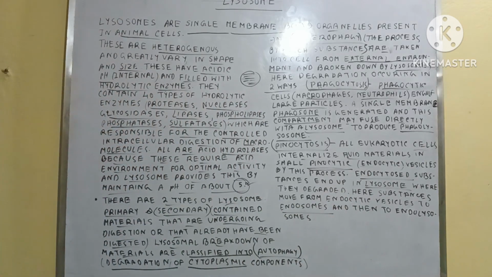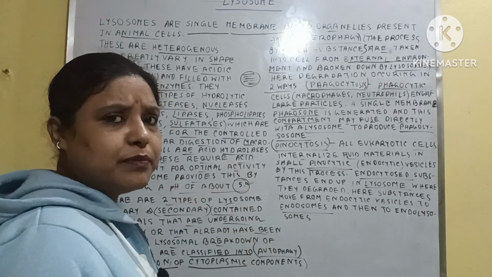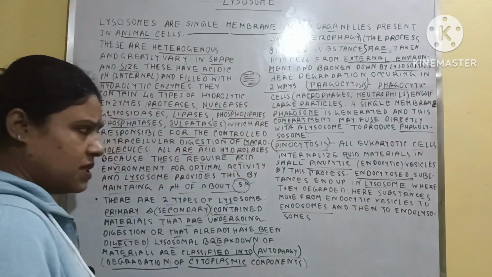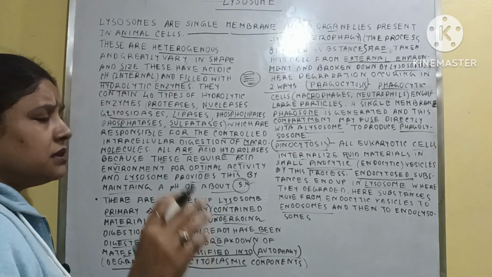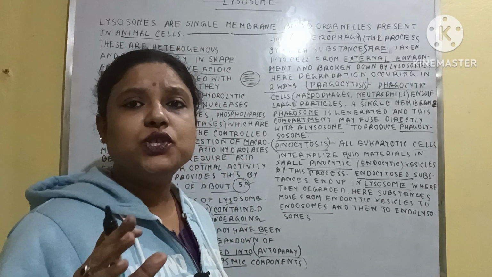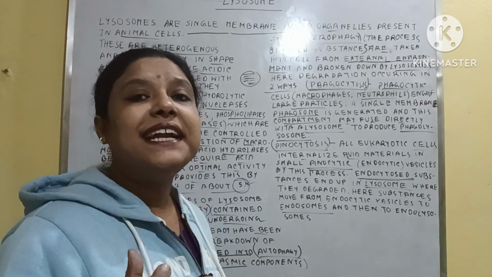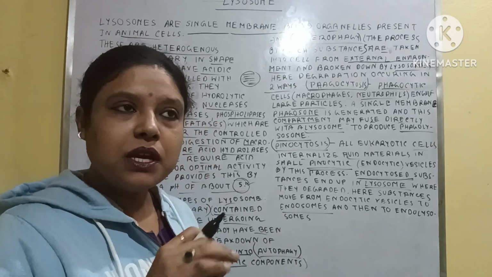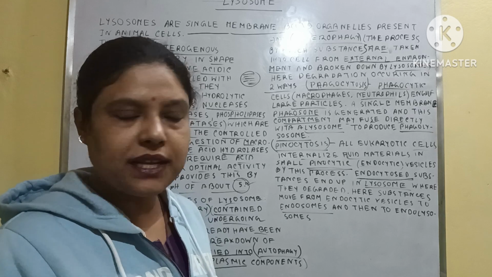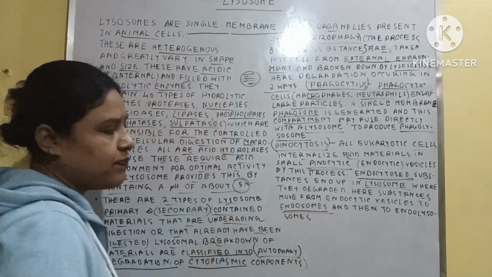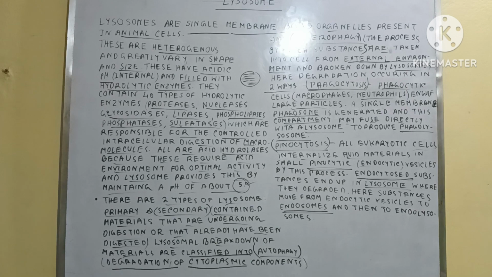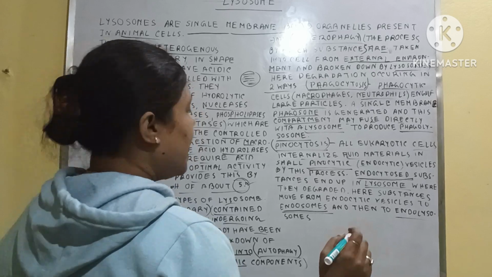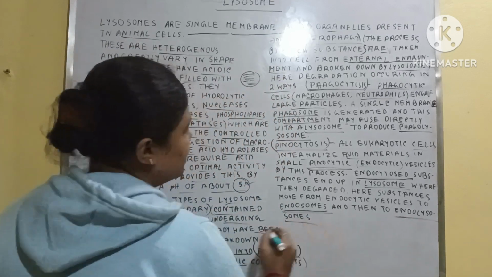The particles formed with the degraded materials or fluid are known as the endocytosed substances, the fluid components. The vesicle containing the material is called the endosome. Clear? Then it fuses with the lysosome, and this is called the endolysosome.